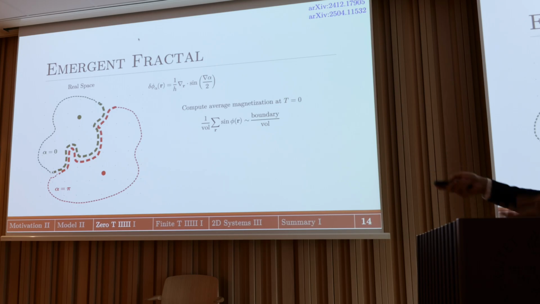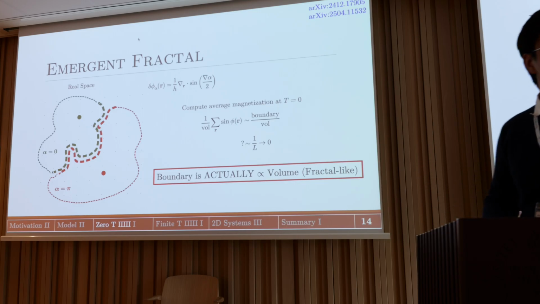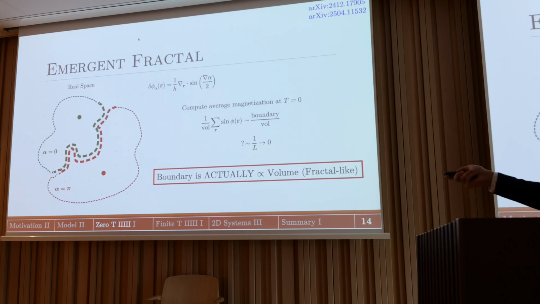So if you took this literally, then it should be a 1 over L contribution, and in the thermodynamic limit, it disappears. But I'm claiming it doesn't disappear. The reason is that you have to go back to the 80s or 90s and find that the lengths of these boundaries are actually proportional to the volume of these clusters. And so it is fractal-like, and so the average magnetization doesn't disappear. Okay, so the name Emergent Fractal.